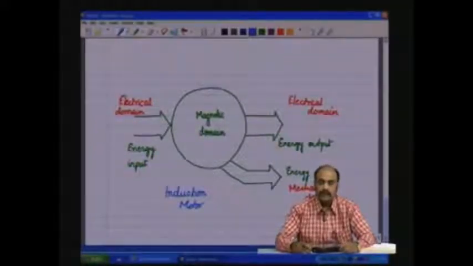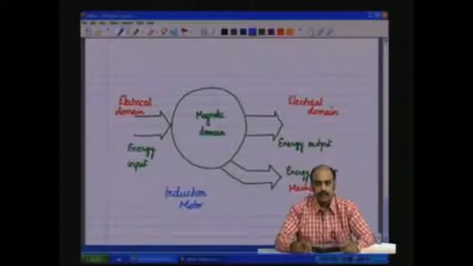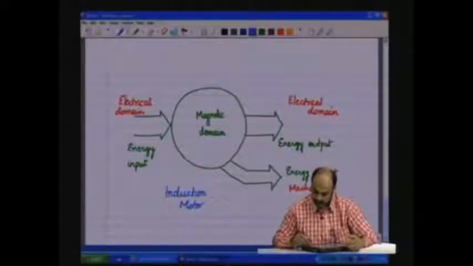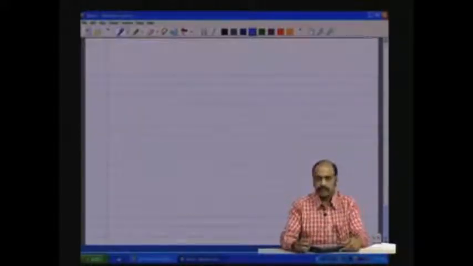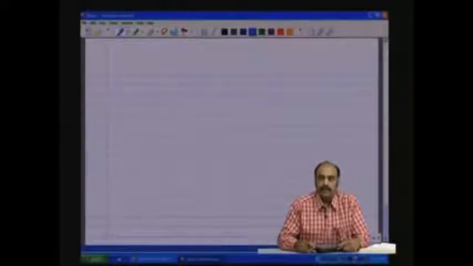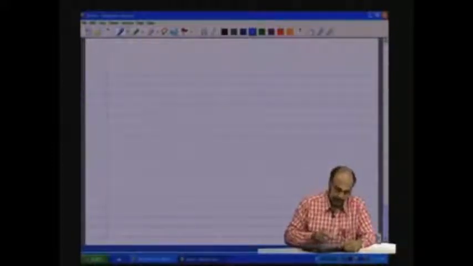So, majority of the prime movers that you see are induction motors. So, it is essential that we know something about this very popular motor, which is used in the industry and everyday applications.